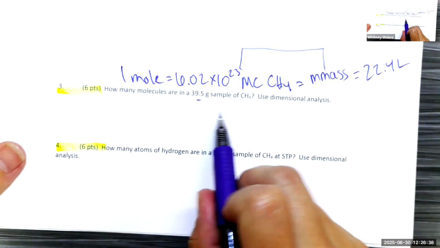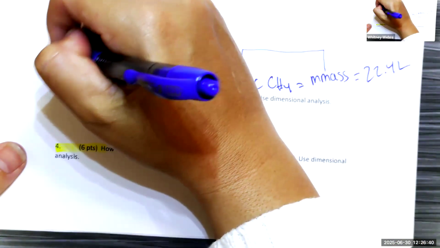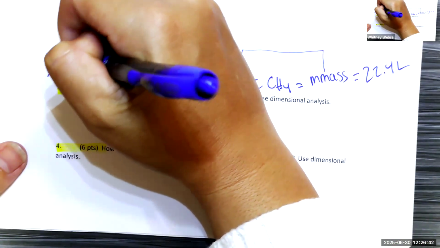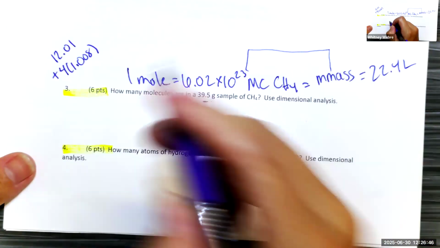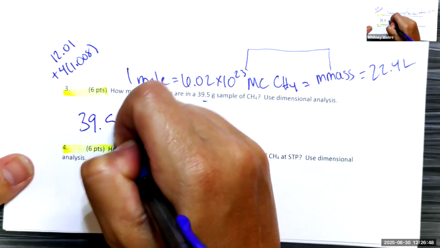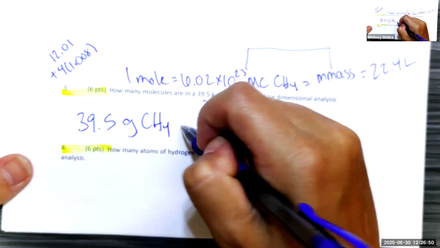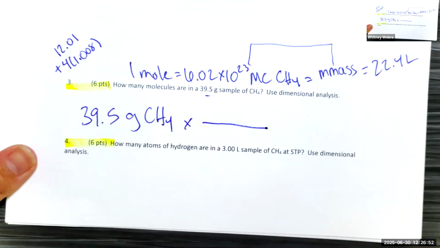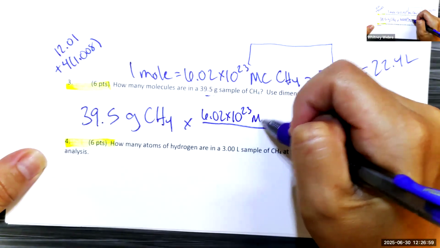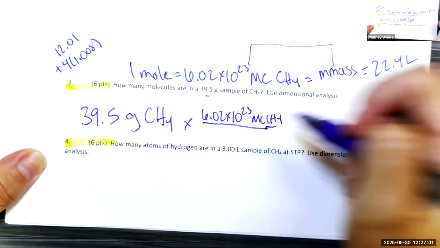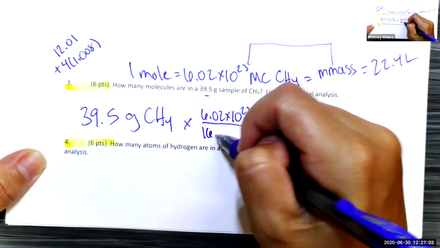The molar mass of CH4, so that would be 12.01 plus 4, like 16 point something. So 39.5 grams of CH4 times, what am I putting in the numerator? And in the denominator, I have to put the molecular weight.